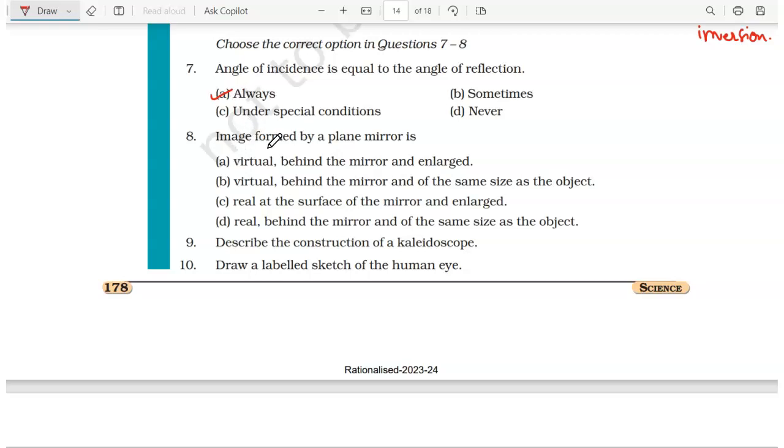Question number 8. The image formed by a plane mirror is... When I talked about the properties of the image formed by a plane mirror, whenever an image is formed by a plane mirror, it is virtual in nature. It is behind the mirror, right? And it is of the same size as the object.